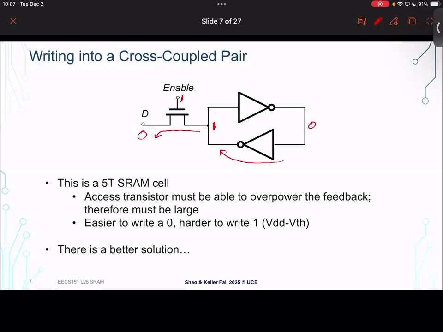So this is another case where we have contention, a fight between two different parts of our bit cell. And so we need to make sure that this NMOS enable transistor is sized large enough and has a low enough resistance that it's going to win the fight. It's going to overpower the feedback in the loop, and eventually it's going to flip this node to a 0, which then will be fed back and flip the other node, the inverted node, to a 1.